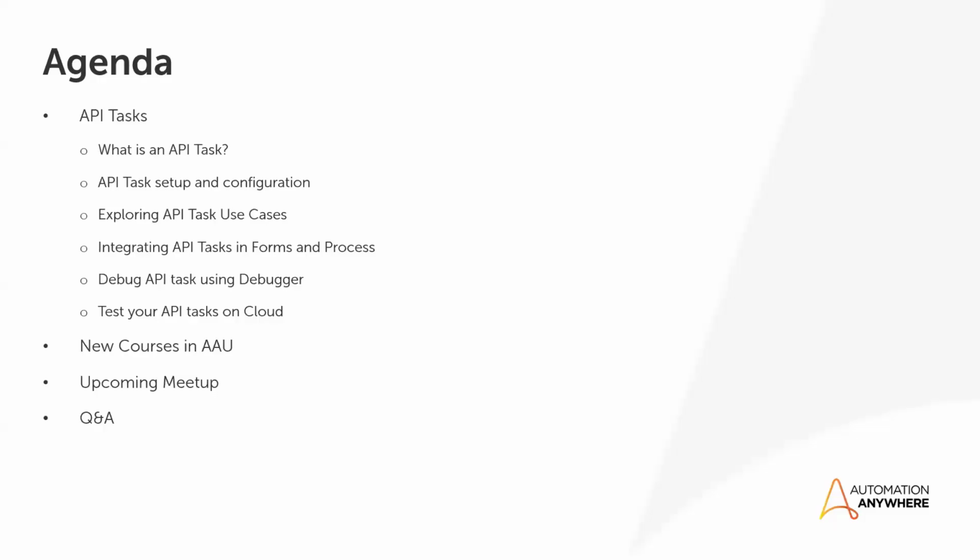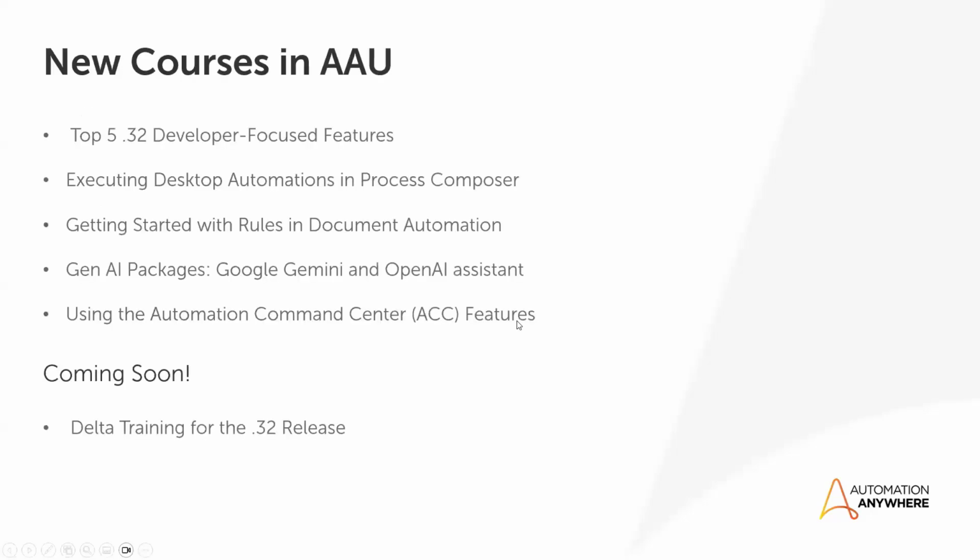Okay, great. So let me take you to some of the courses we have also published on the Automation Anywhere University. Let me quickly share my screen. Okay, great. So we have published these courses recently, like the top 5 features in the .32 release, and a couple of more interesting courses as listed here.